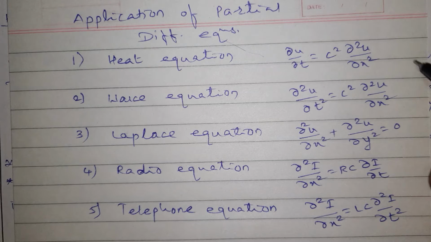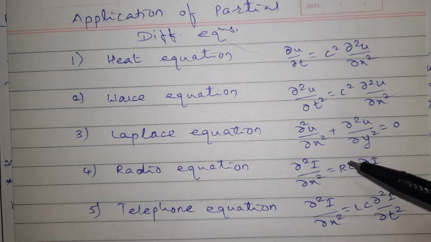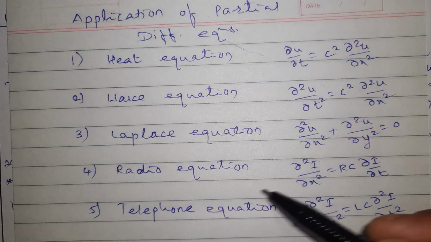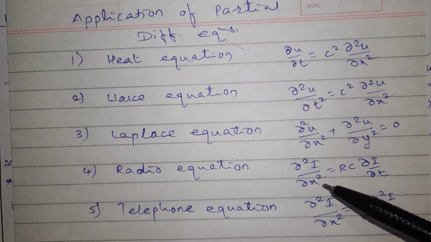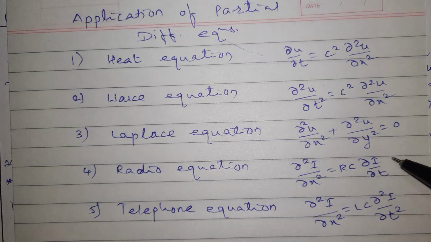And if you understand the solution method for these three equations, then it is a really good concept in your hand. You can apply that concept for electrical circuits, where you may take the current or voltage. Just like here I consider a radio equation. In that radio equation we consider dou square I by dou x square is equal to RC dou I by dou t. If you compare, it is just a one dimensional heat equation, we can solve it easily.